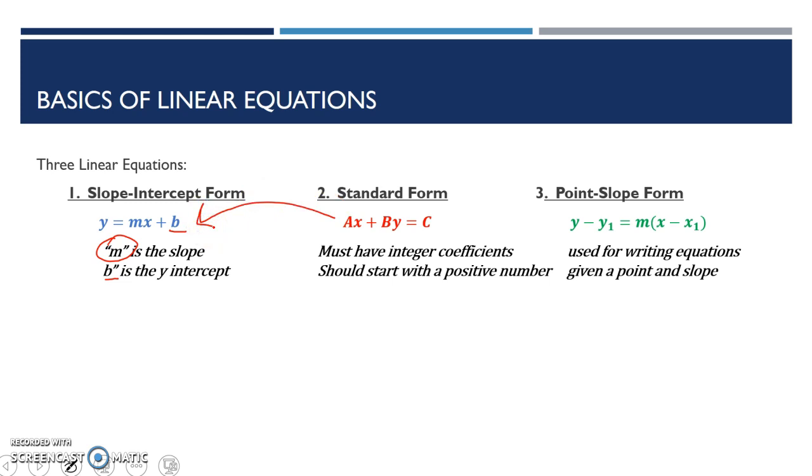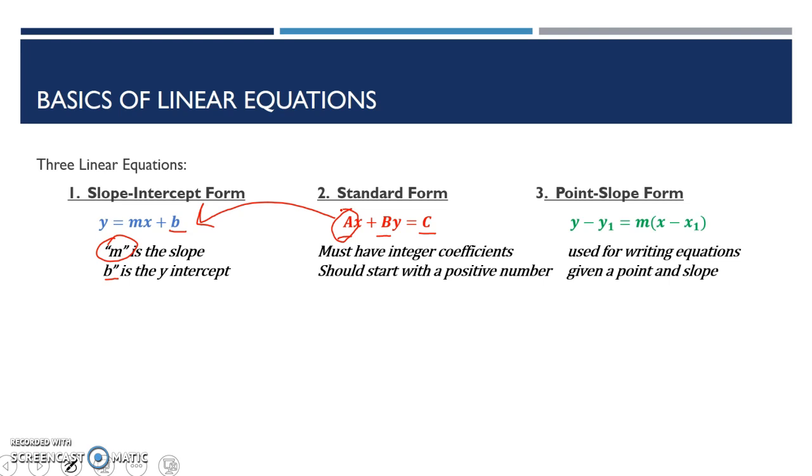Some of the things about standard form is that the a and the b and the c really should have no fractions in it. If you have a fraction in it, you can just multiply by the common denominator and get rid of all the fractions. And the a value, the coefficient of the x, should always be a positive number. If it's not, you can just multiply the equation by -1 and change that coefficient to a positive number.